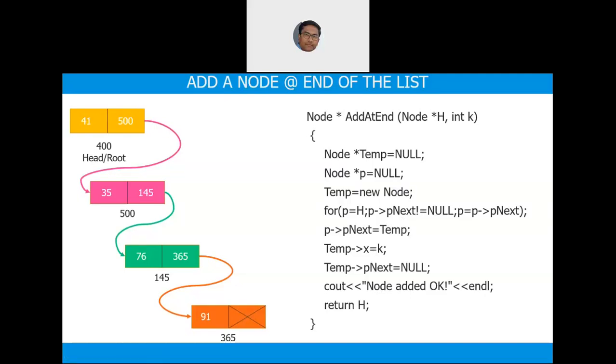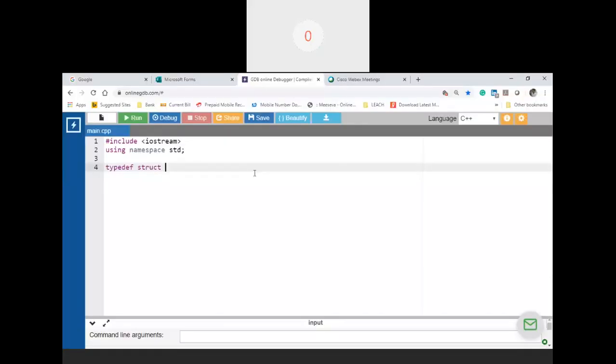I think I have given enough fundamentals on what you should not do and what you must do. Now you have to start coding. Okay, let us start coding it.